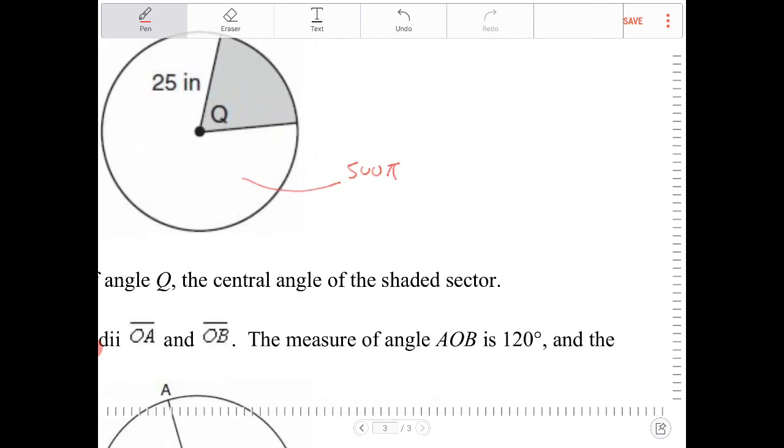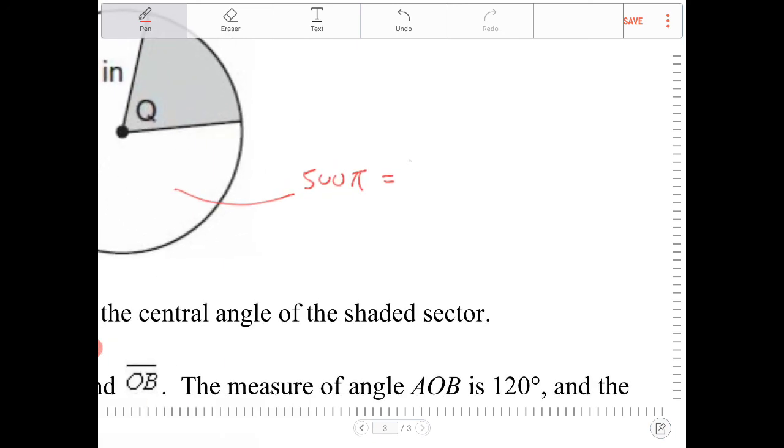So if that's 500 pi and that radius is 25, I know that 1/2 theta times 25 squared will allow me to find out what the angle is in radian measure. So this is equivalent to 1000 pi over 25 squared.